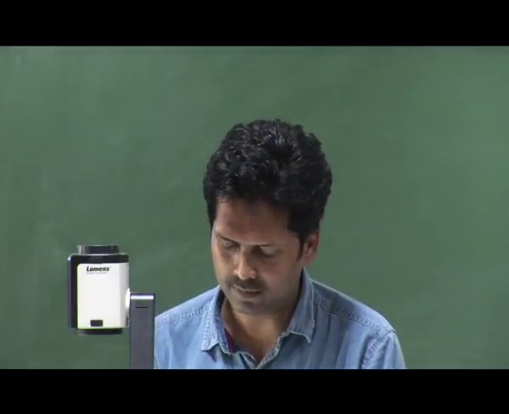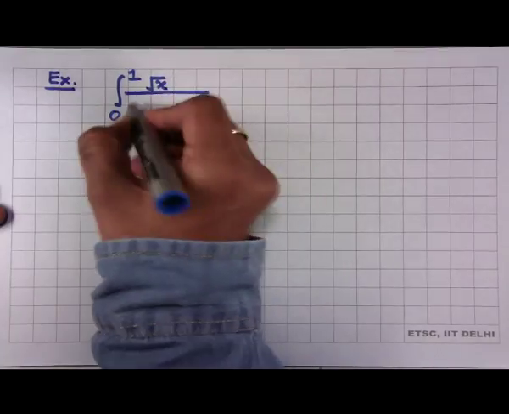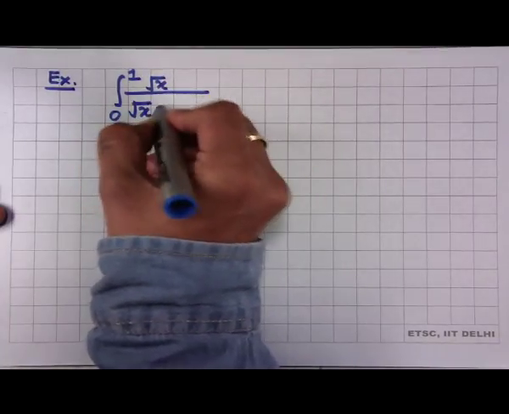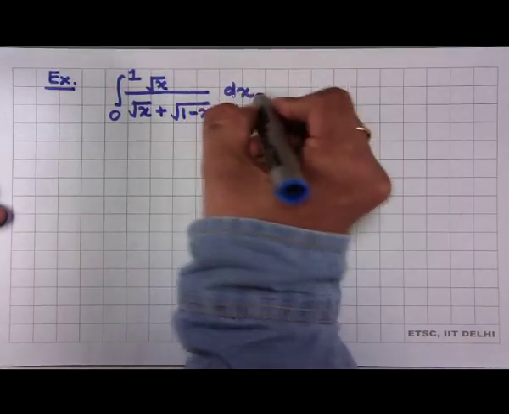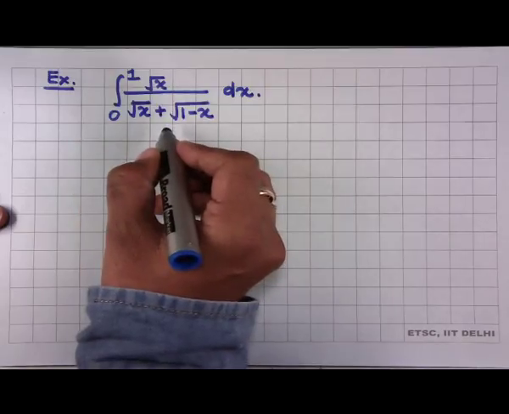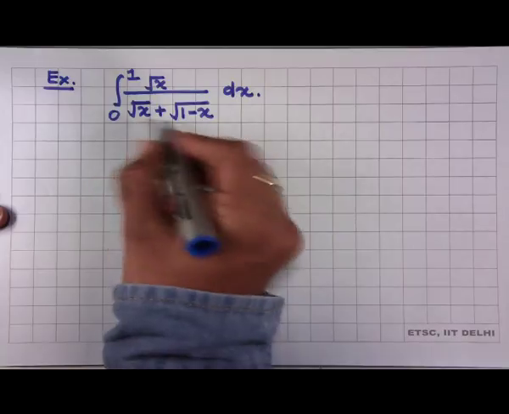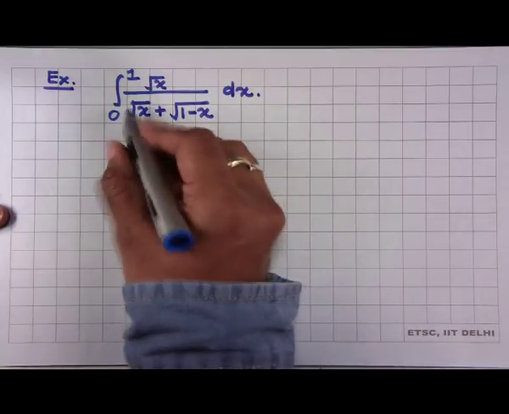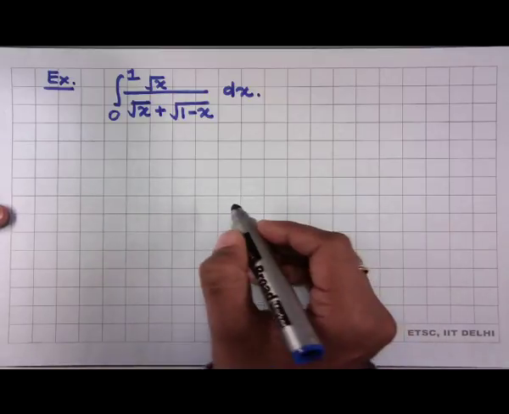Let us take another example. One approach to solve this problem is to rationalize it by multiplying by the corresponding conjugate, root x minus root 1 minus x, and then try to solve it.